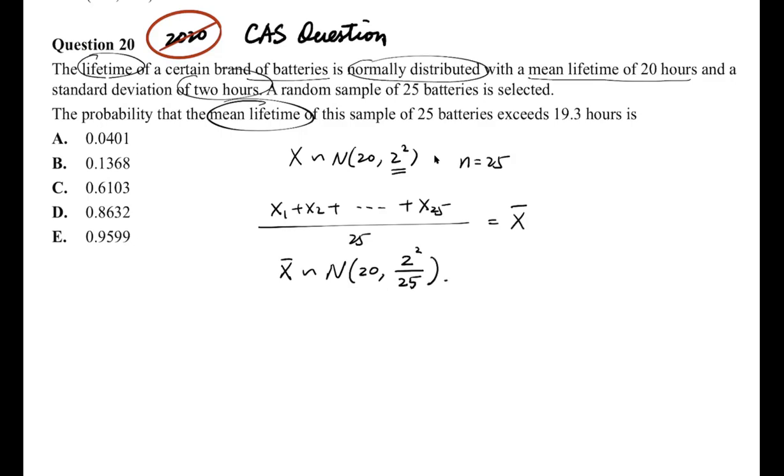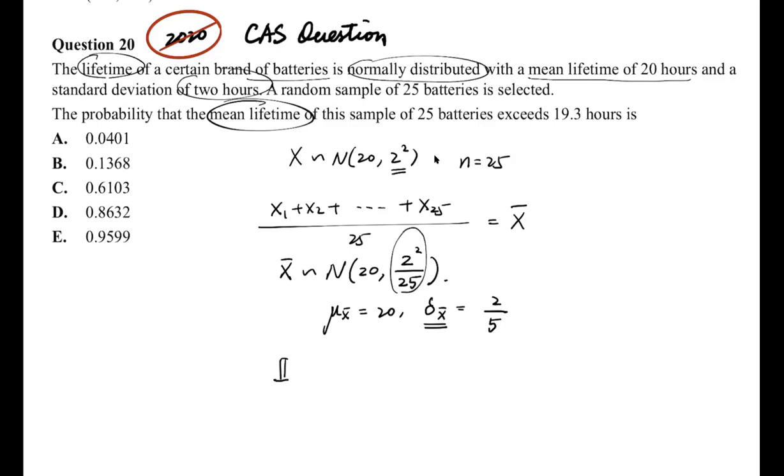You are dividing the variance by the sample size. So your mu X bar here is 20. Your sigma X bar here, I mean the sample mean standard deviation, not the population standard deviation, is 2 over 5 once you take the square root of that expression.